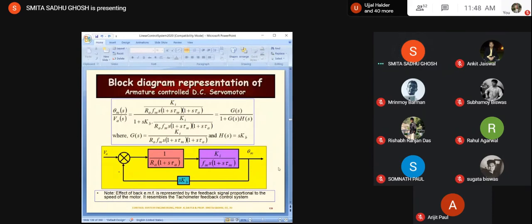The back EMF is there in the motor itself. So we have just tried to express it separately and show it as a block representation. So basically the back EMF is being fed back as far as the control aspect is concerned. So it resembles the tachometer feedback.